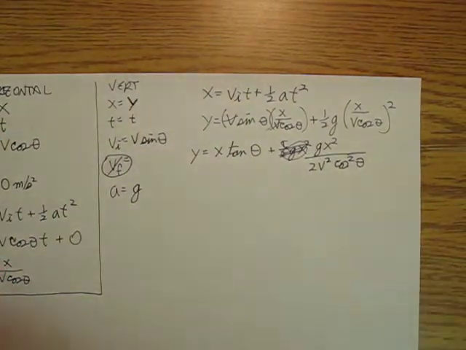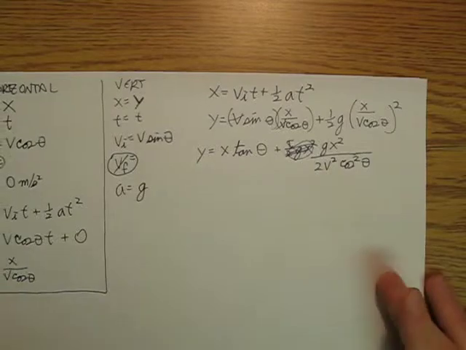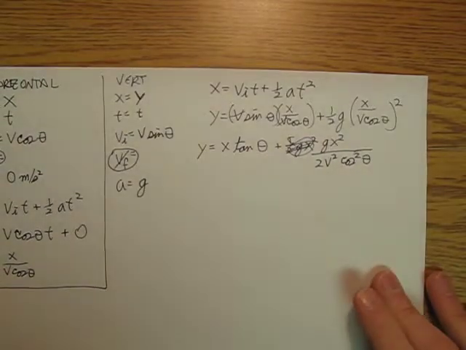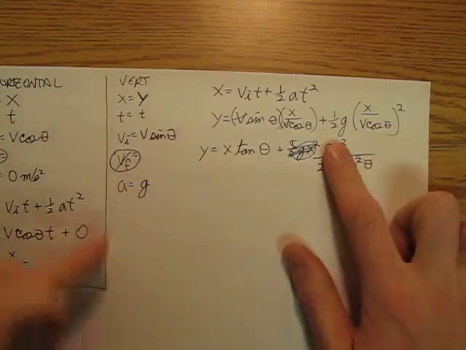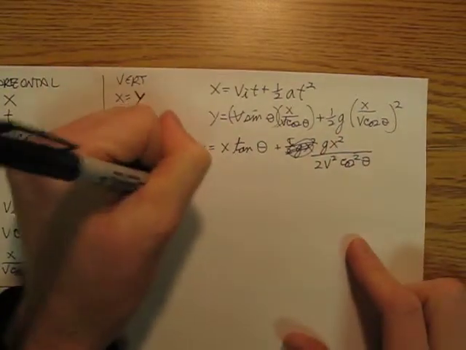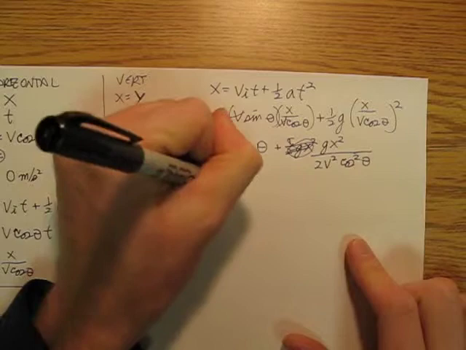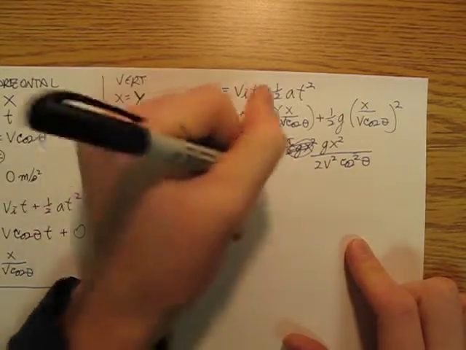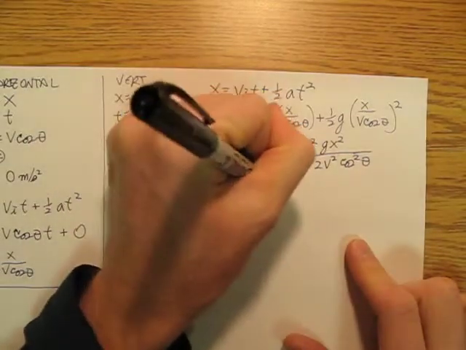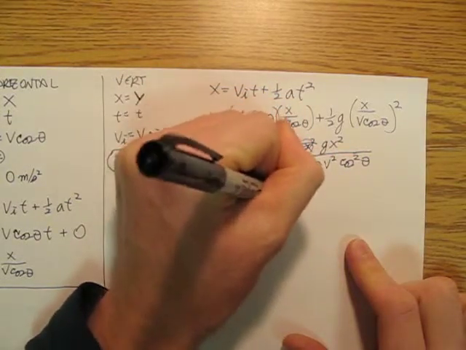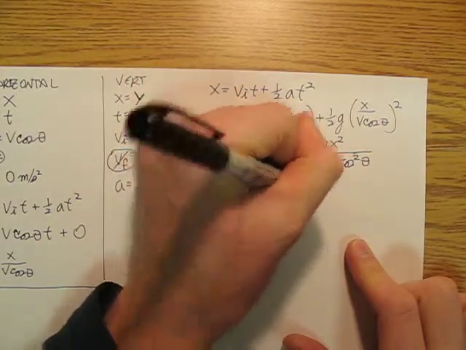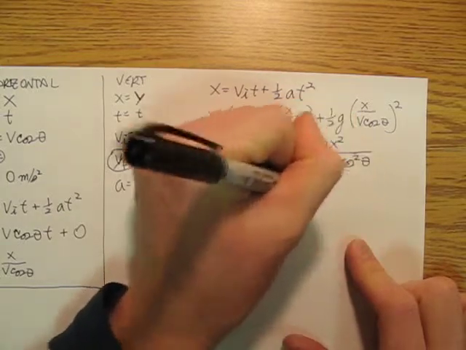Okay. Now we want to solve this for v. The question is, how fast was it going? So let's first get this term all by itself. So we're going to say y minus x tangent theta is equal to g x squared over 2 cosine squared theta v squared.